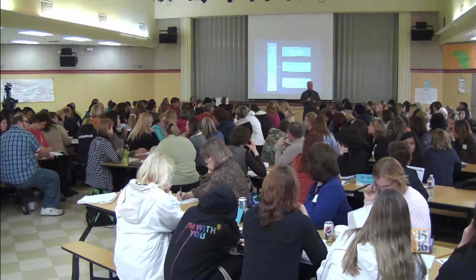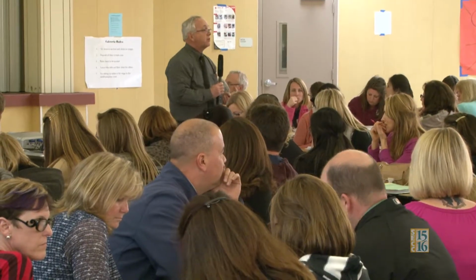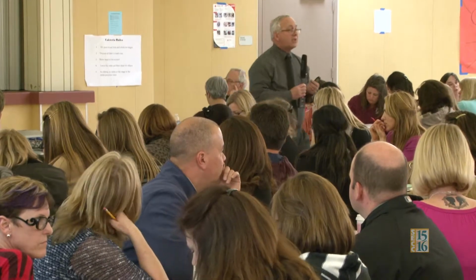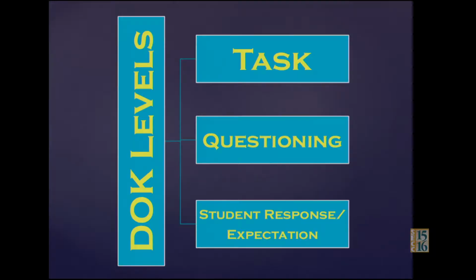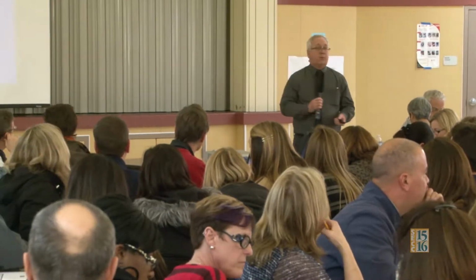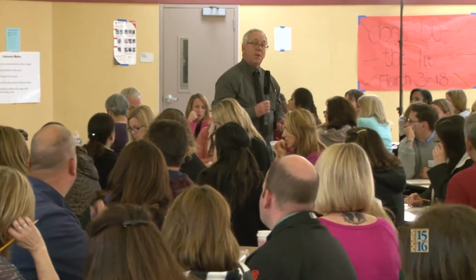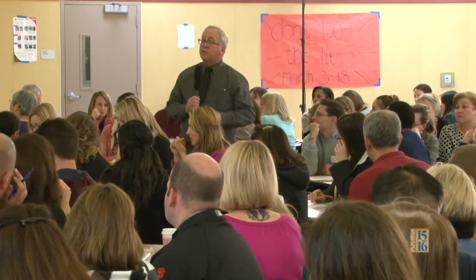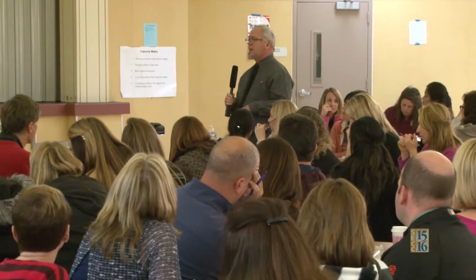The third lens is the student response or expectation. What do I expect? How do I expect students to respond to the task? So those are the three lenses we're going to take a quick look at. And I thought the best thing to do was model this for you. I actually did this in a 7th grade classroom. What you're going to see is a very short lesson that I did for about 15 minutes.